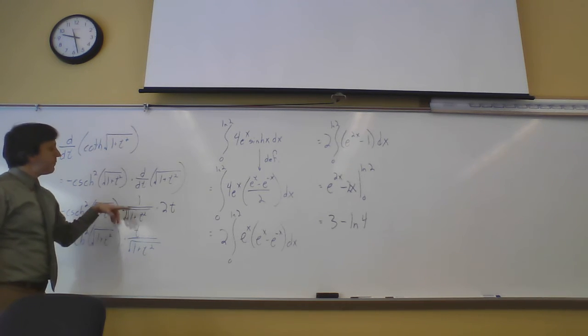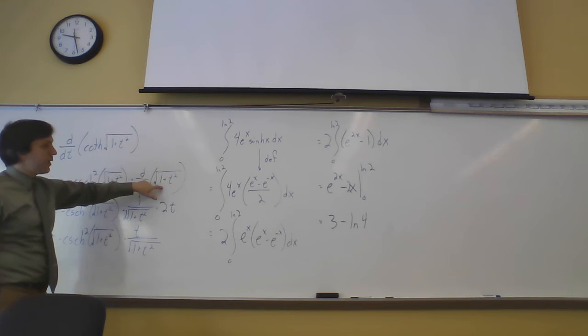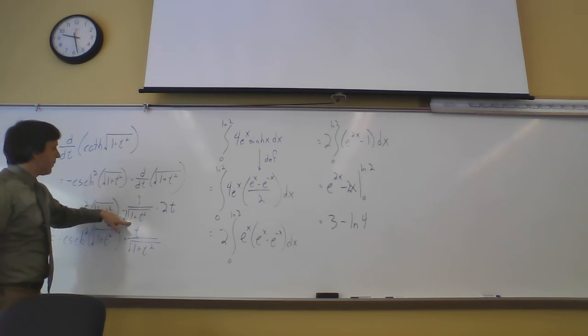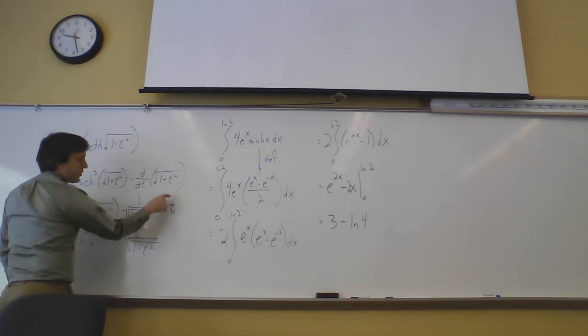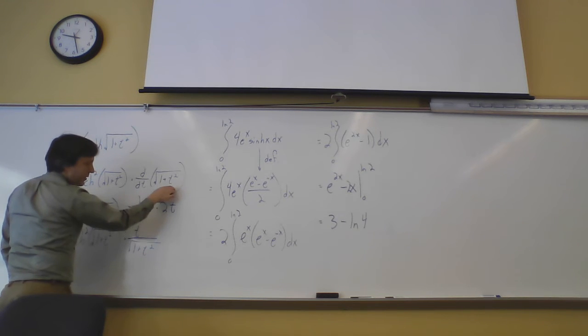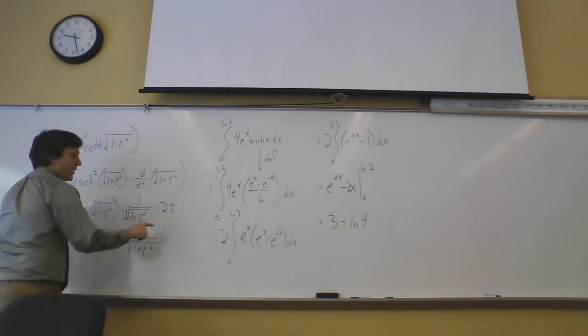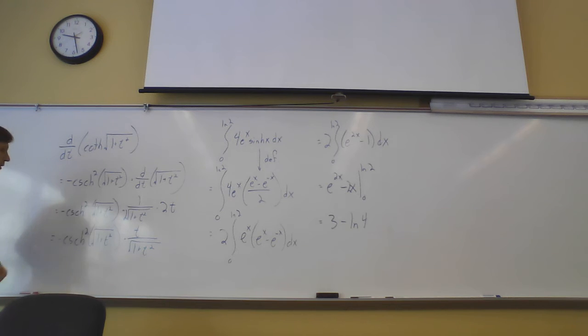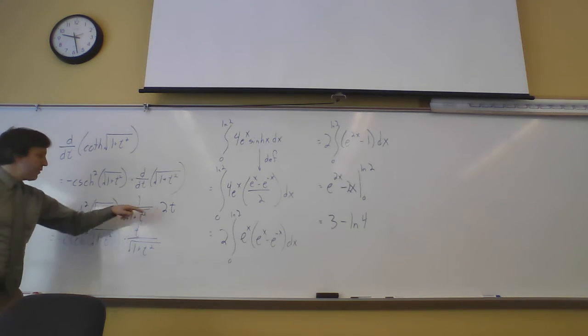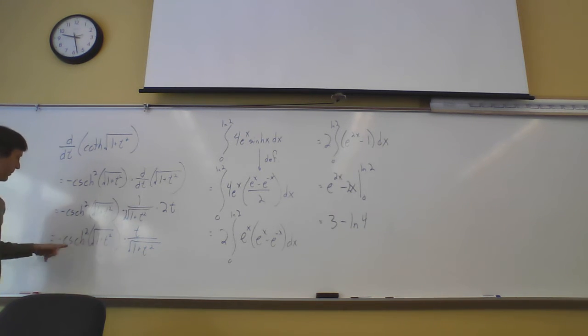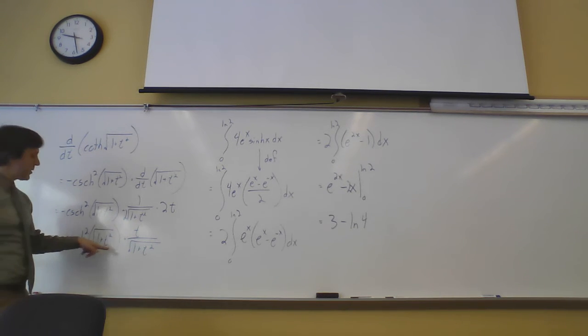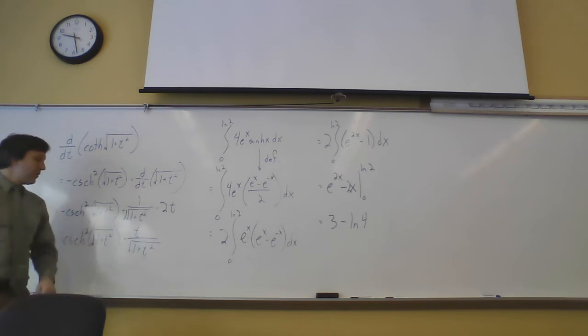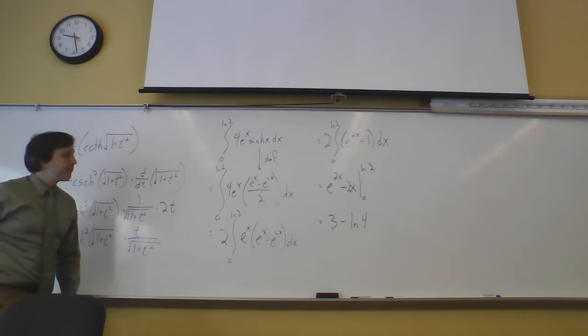If you don't believe me, feel free to work it through, change that to a half power, it'll work out. But then we still have to take the derivative on the inside. And for the inside piece, the derivative of 1 plus t squared is 2t. Clean it up a little bit, the 2's cancel each other out, the t can tuck on top, and you get the negative hyperbolic cosecant squared of the square root of 1 plus t squared times t over the square root of 1 plus t squared.